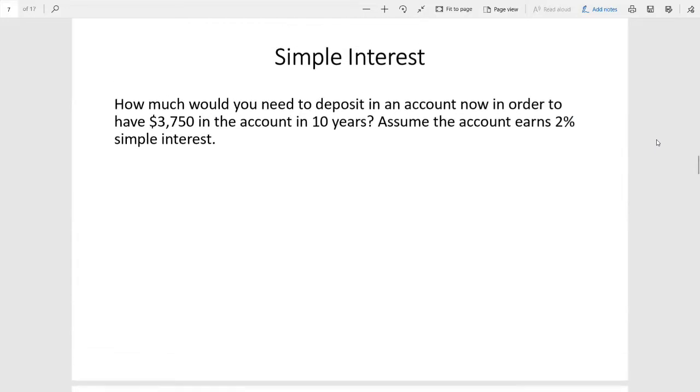Another problem, how much would you need to deposit in an account now in order to have $3,750 in the account in 10 years? So we're going to let x equal the amount deposited, or that could also be called the principal amount.